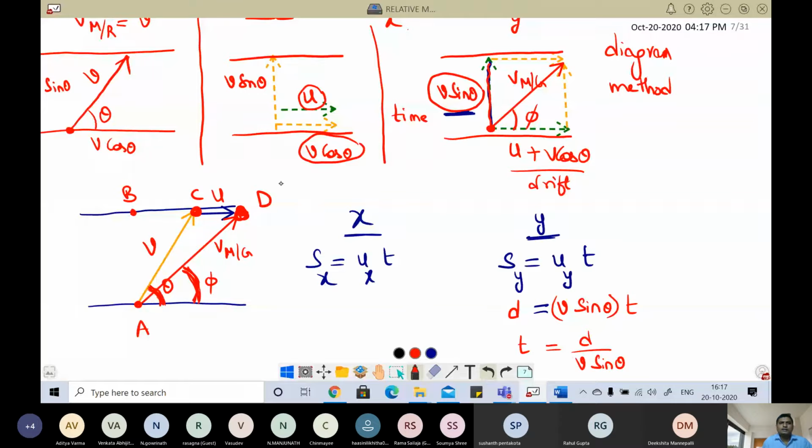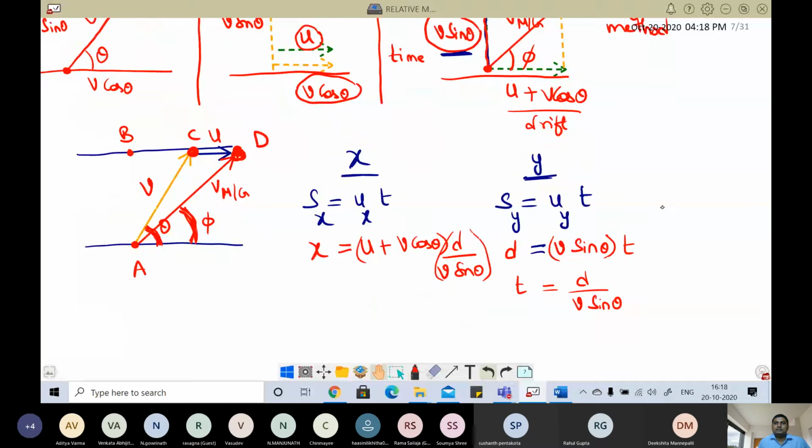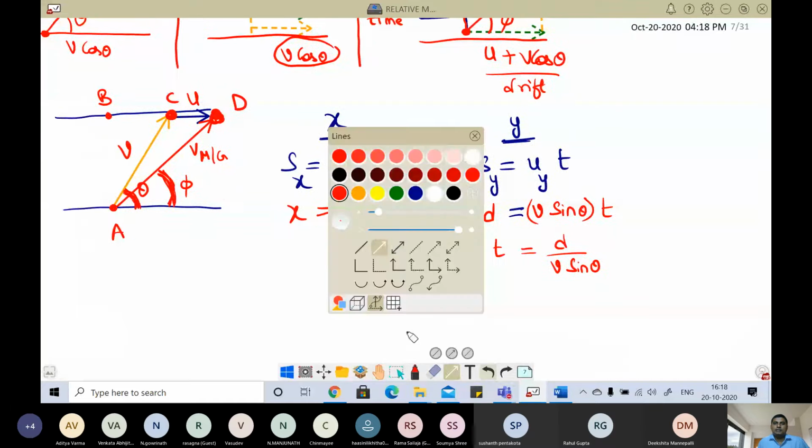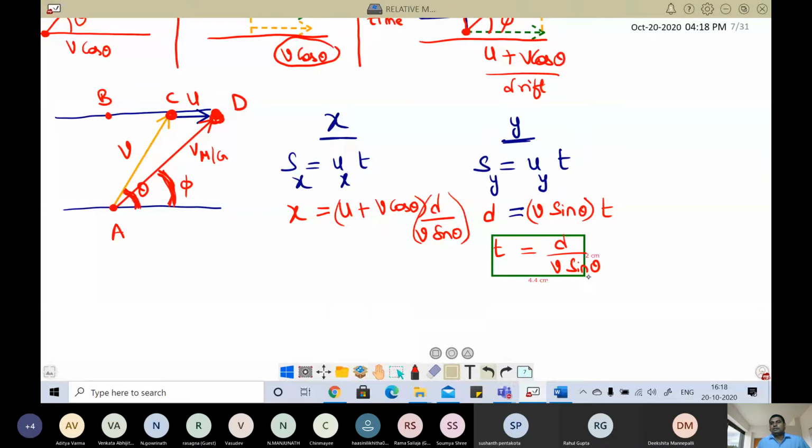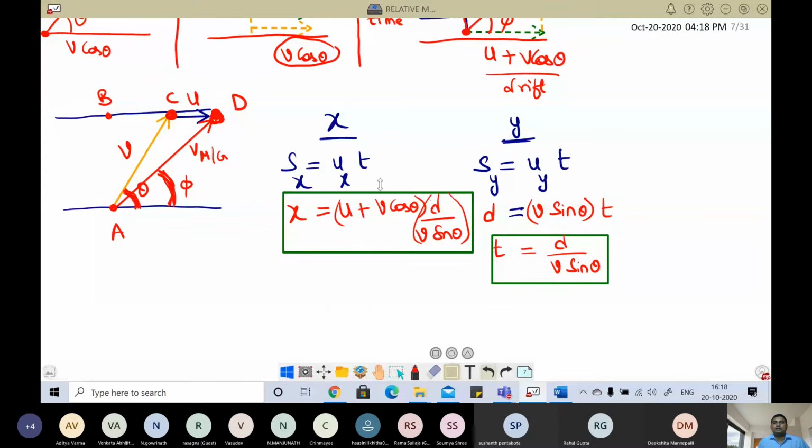So x is equal to ux, which is u plus v cos theta into time. The time we just got is d by v sin theta. So basically these are the expressions: time t is equal to d by v sin theta. Next, drift x is equal to u plus v cos theta into d by v sin theta.